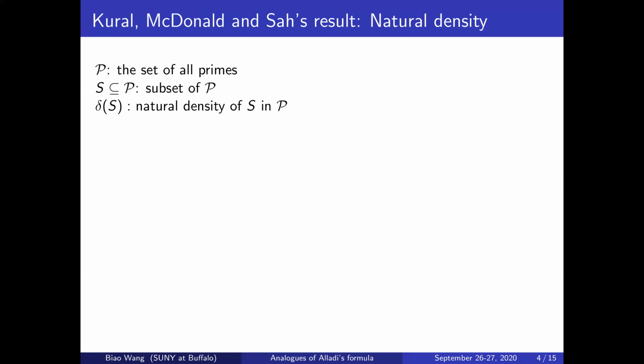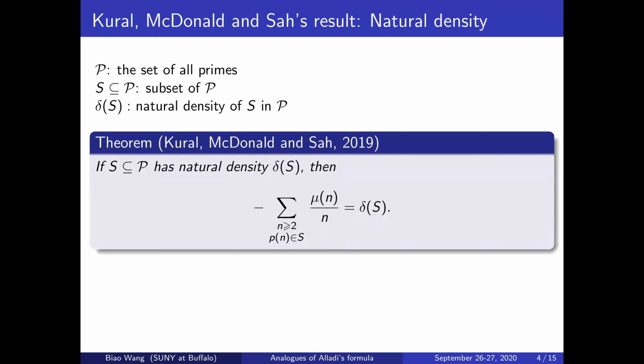P is the set of all primes, and S is a subset of P. Delta of S is the natural density of S in P. And they proved that if S has a natural density, then the sum of mu of n over n, restricted over integers whose smallest prime factor p of n is in S, would be exactly the natural density of S. So this is their formula.